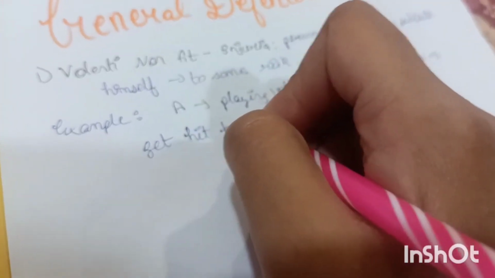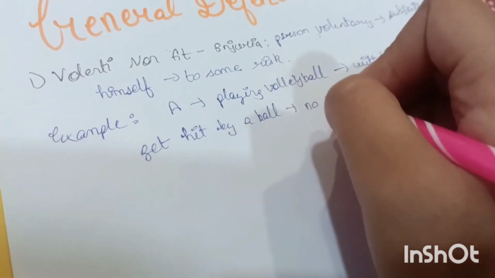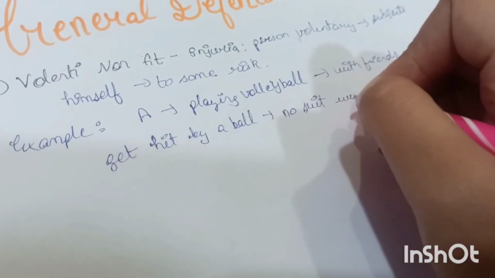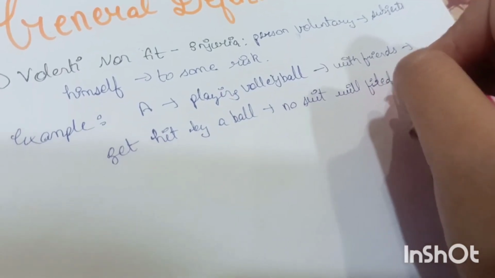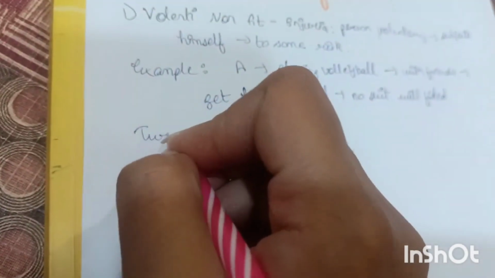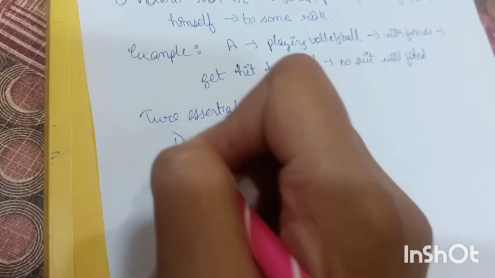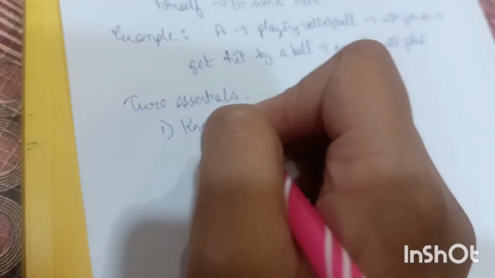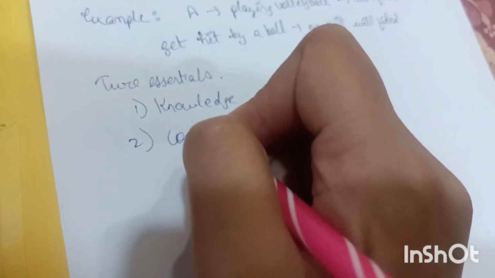Hit by a ball. So in this case, no suit will be filed. So two essentials in this case are, first one is knowledge and second one is consent.